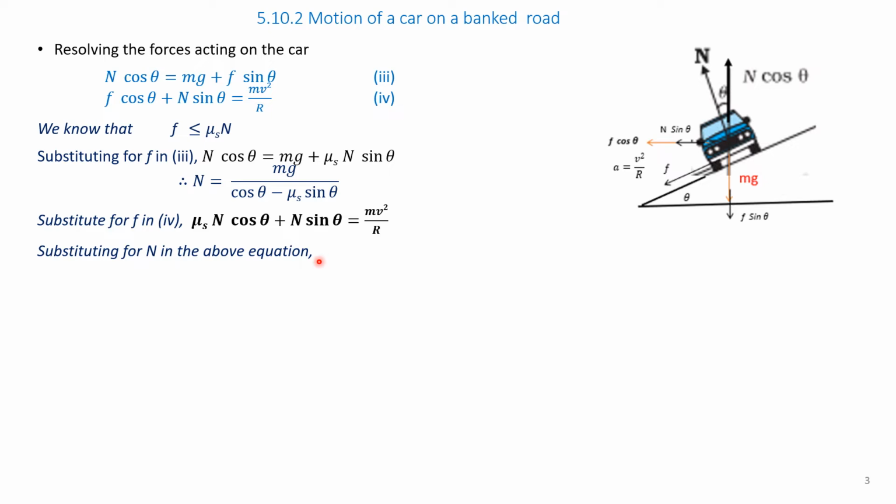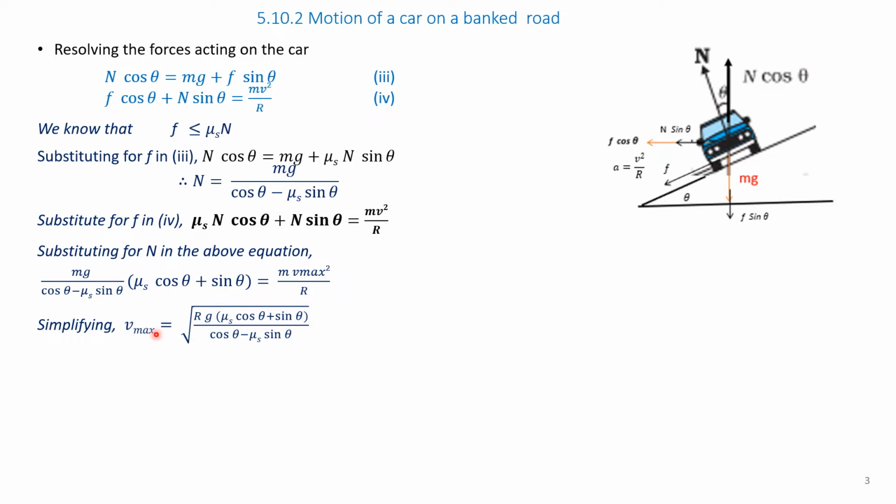Substituting for N in the above equation, we get N is equal to mg divided by cos theta minus mu s sin theta, into mu s cos theta plus sin theta, equals m v max square divided by r.